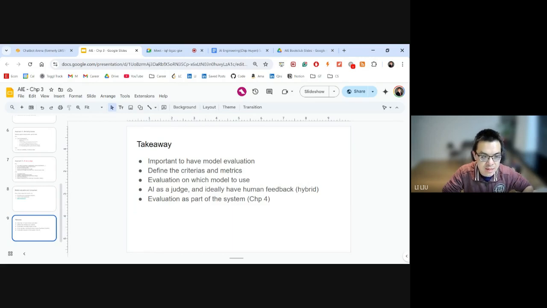Lastly, this chapter is mostly on methodology. The next chapter in this book is still on evaluation, but the focus will be the evaluation pipeline, in terms of how you can incorporate evaluation as part of your whole AI system. So stay tuned for the next chapter.